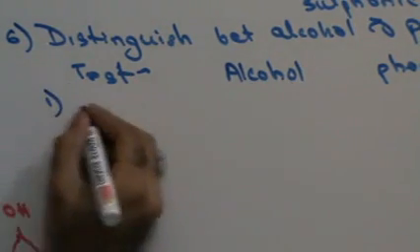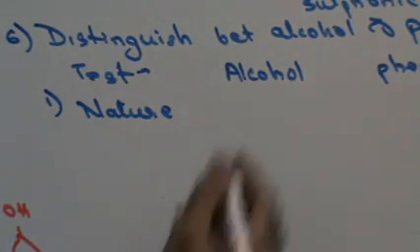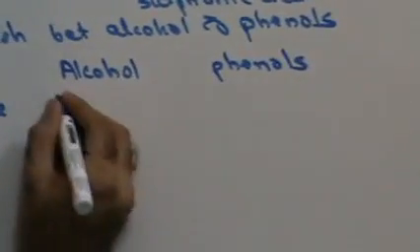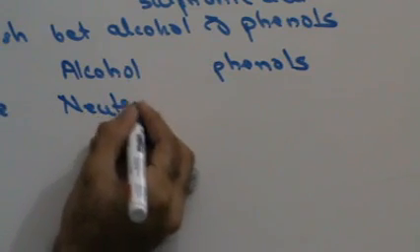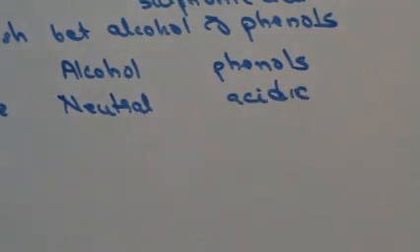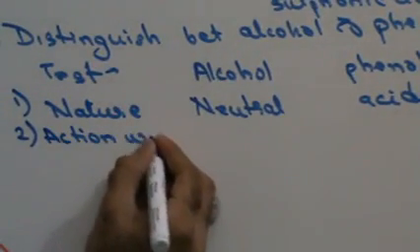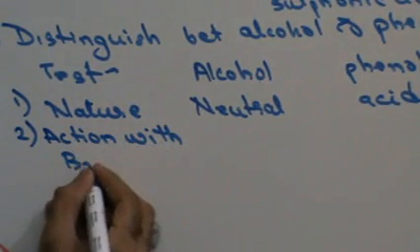Nature. Alcohols are neutral. Phenols are acidic due to the resonance structure. Next, reaction with bromine water.